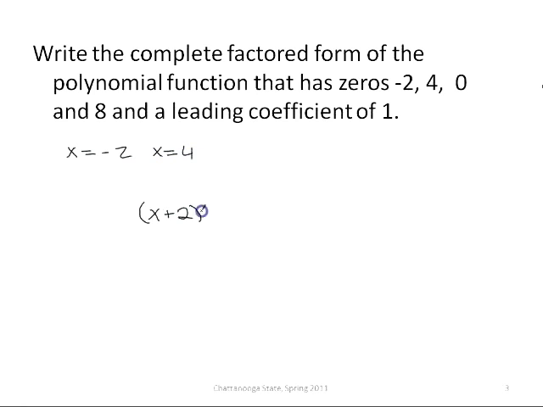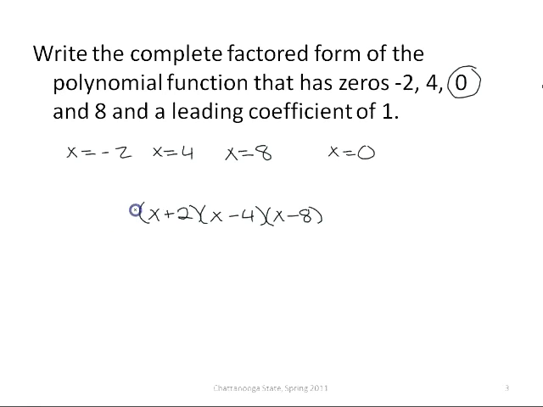If x equals 4 is a 0, then x minus 4 is a factor. If x equals 8 is a 0, then we know x minus 8 is a factor. If x equals 0 is one of our zeros, that means x is a factor.